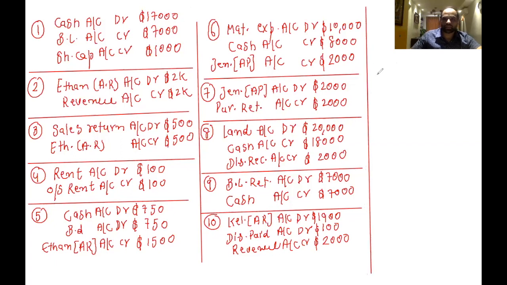Number 11 is income received in advance from JJ, value 10,000. So the cash is debit 10,000 and unearned income from JJ is credit 10,000.